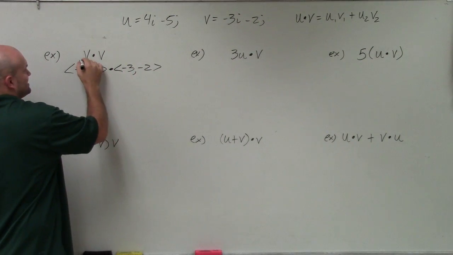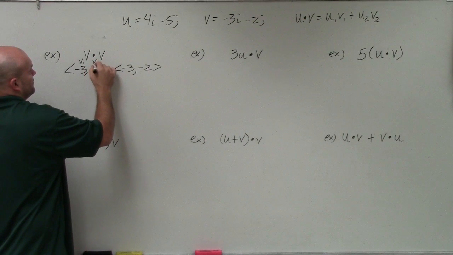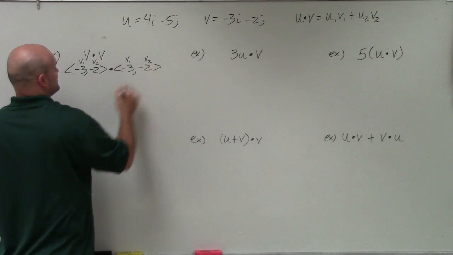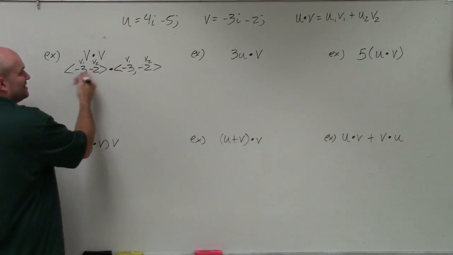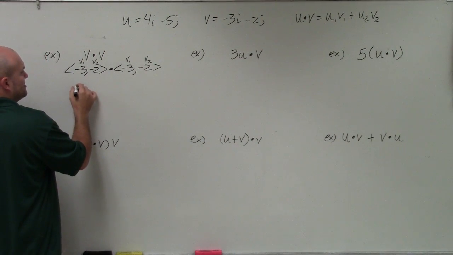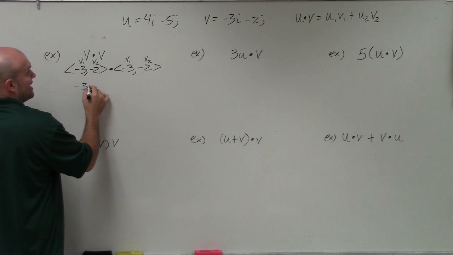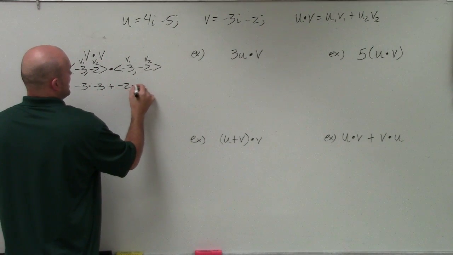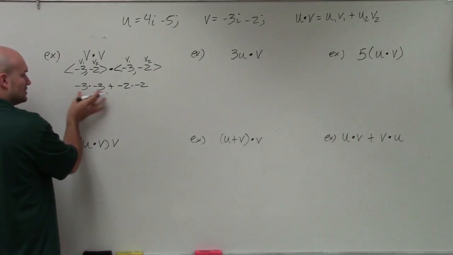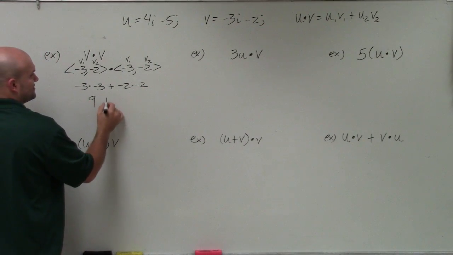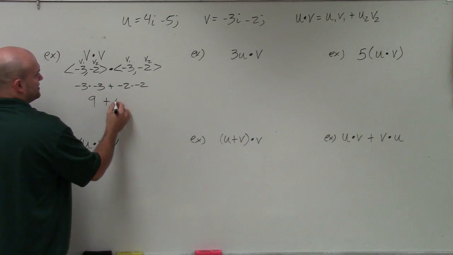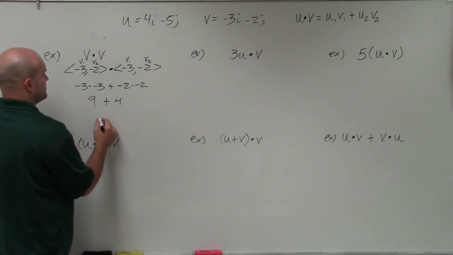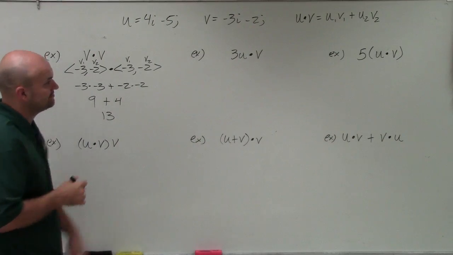That's v1, v2, and v1, v2 again. We don't really have a u, but we can still do the same thing. It's negative 3 times negative 3 plus negative 2 times negative 2. Negative 3 times negative 3 is a positive 9, plus negative 2 times negative 2 is a positive 4. Therefore, the dot product of v with itself leaves us with 13.